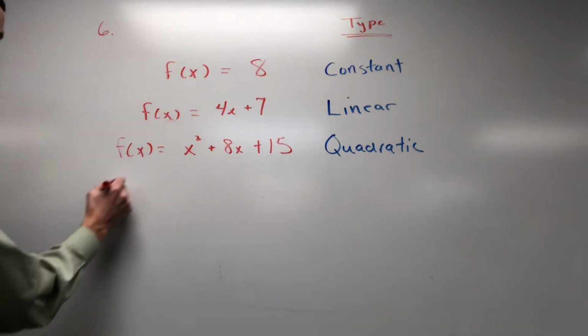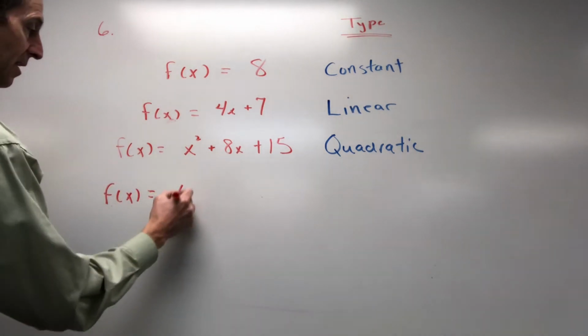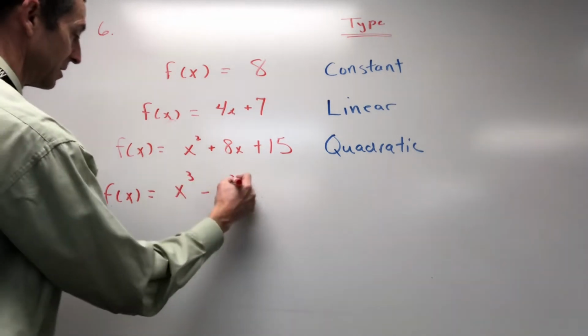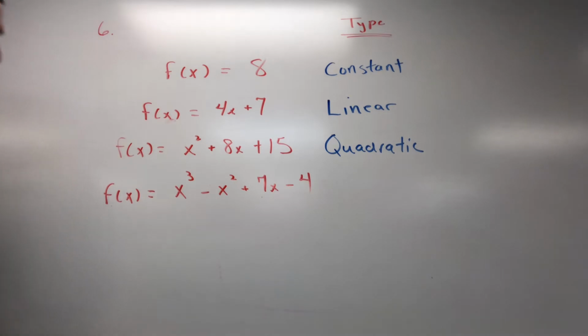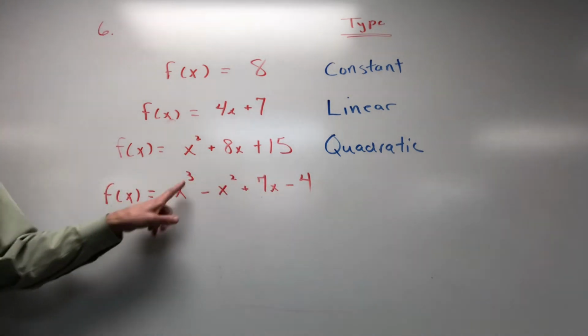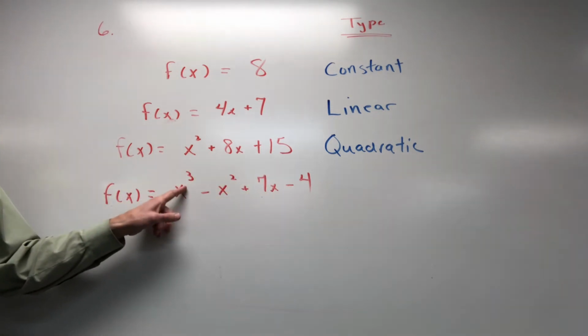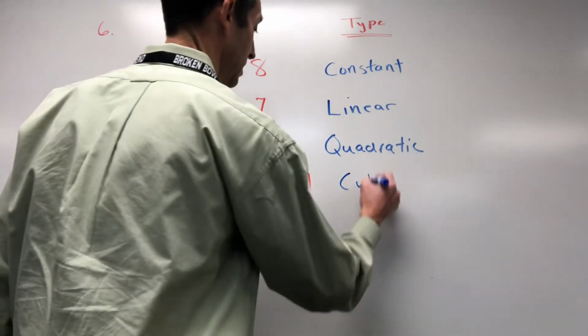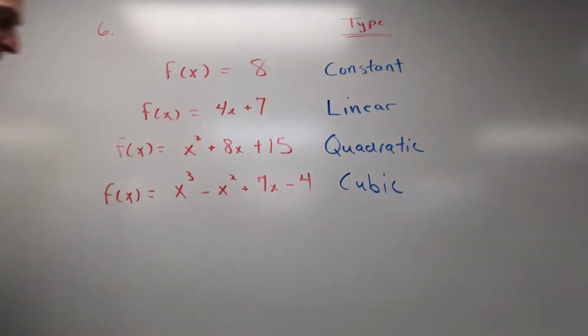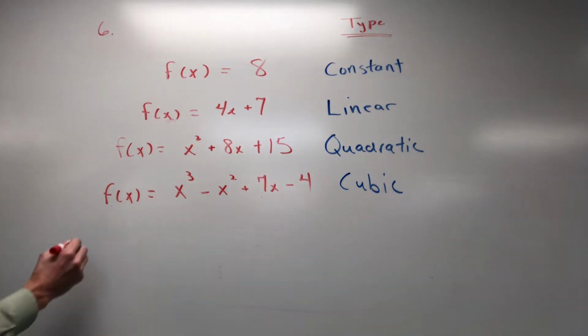Let's do one more. How about third power? Like x to the third minus x squared plus 7x minus 4. So in descending order, third power is the largest power. When that's the case, this is what's called a cubic. And let's throw one more at you right here.